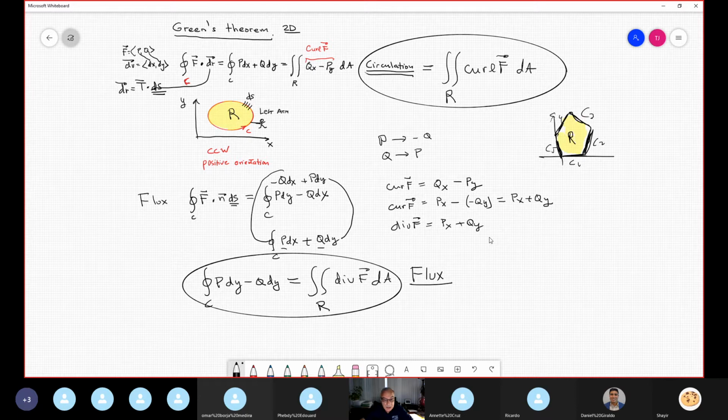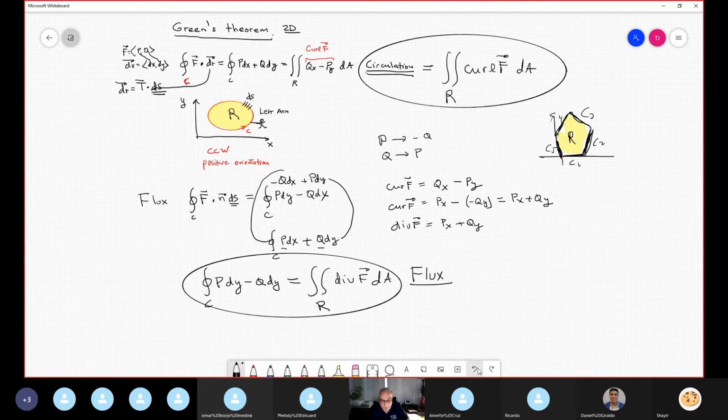The line integral is flux, and now my integrand function inside the double integral is divergence. And remember, it makes sense, because flux is somehow related with source or sink, and divergence gives me information about source or sink. So this is, at least physically, matching perfectly.